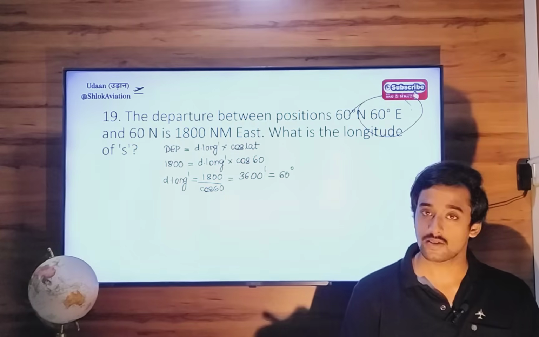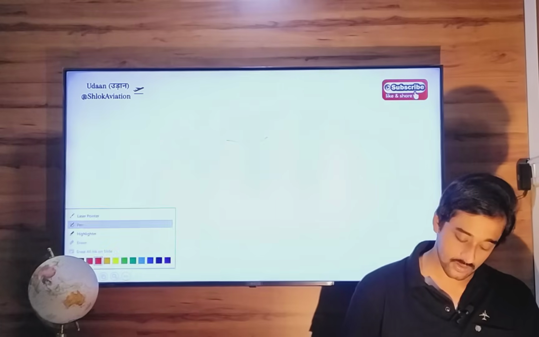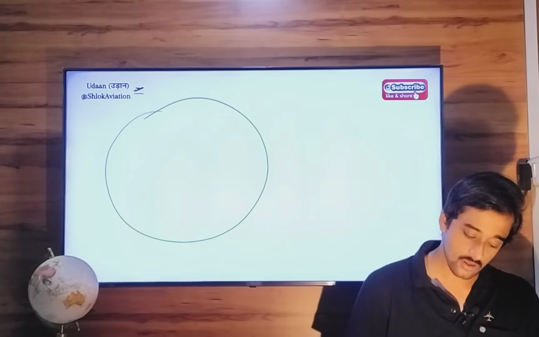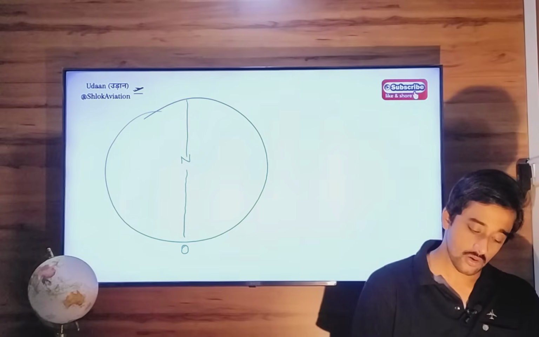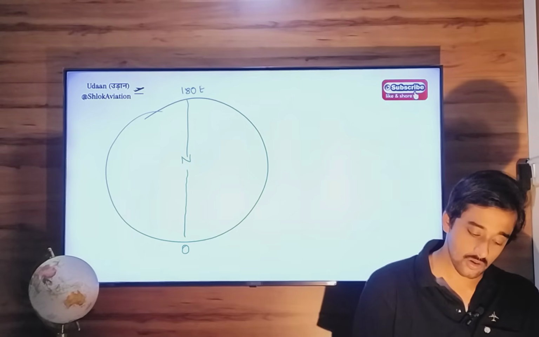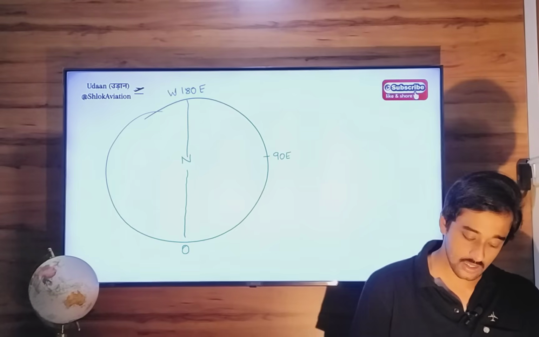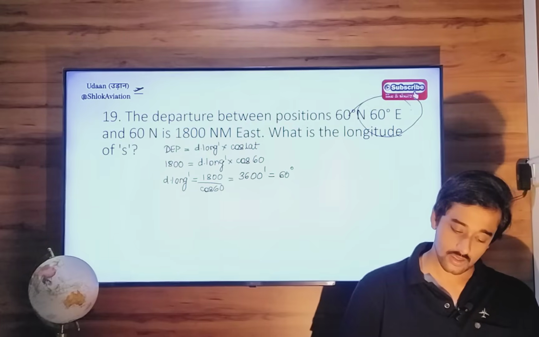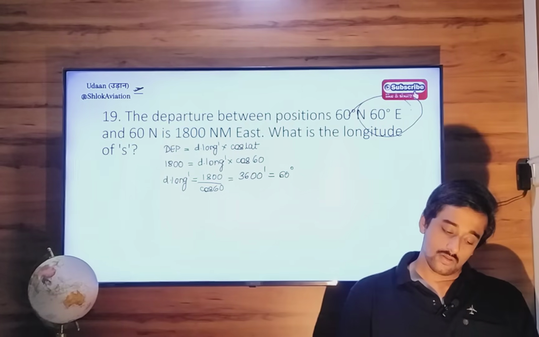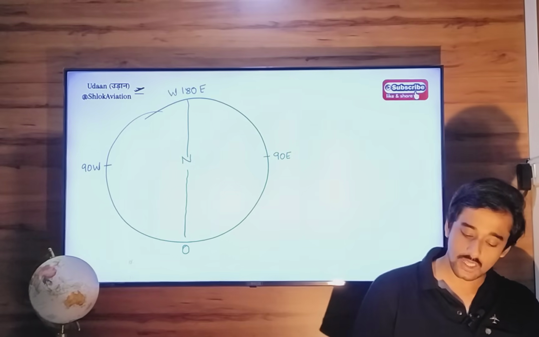Okay. Initial longitude is 60 east. You are traveling in the easterly direction. North Pole, prime meridian, 180 east, 180 west, 90 east, 90 west. 60 east, where will it be? Somewhere here.